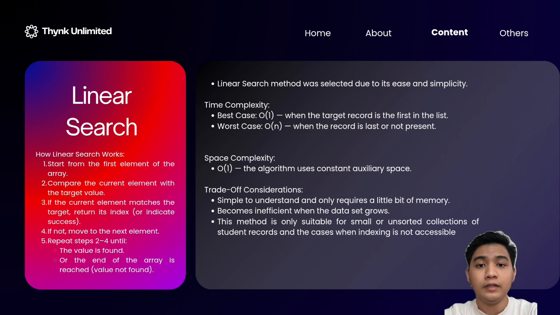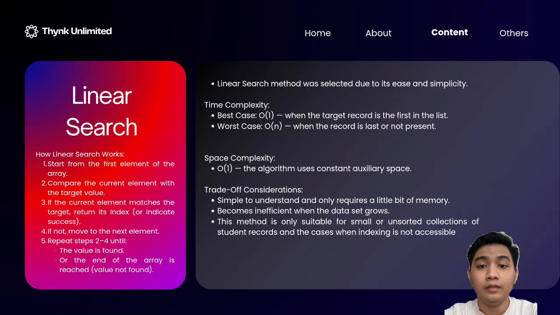Now let's begin with the linear search algorithm. Linear search operates by checking each element in the list one by one until the target value is found or the end of the list is reached. It does not require any sorting or special data structure.